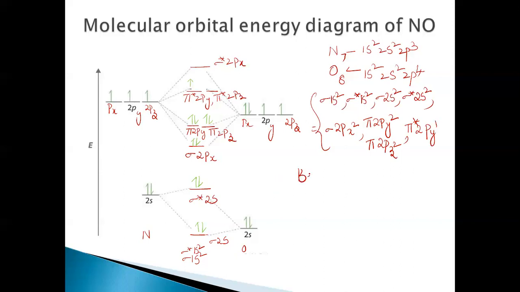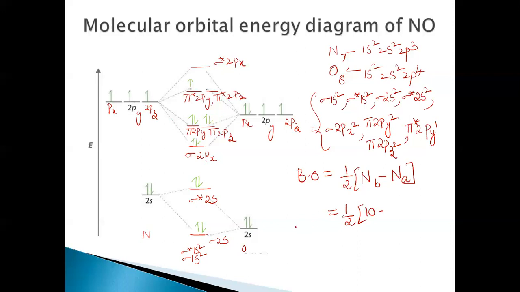When you come to the bond order, it is half into the number of electrons in the bonding molecular orbitals minus the number of electrons in the anti-bonding molecular orbitals. The number of electrons in the bonding molecular orbitals is 1, 2, so 2s, 3, 4, 5, 6, 7, 8, 9, and 10, taking the molecular orbitals without the star.